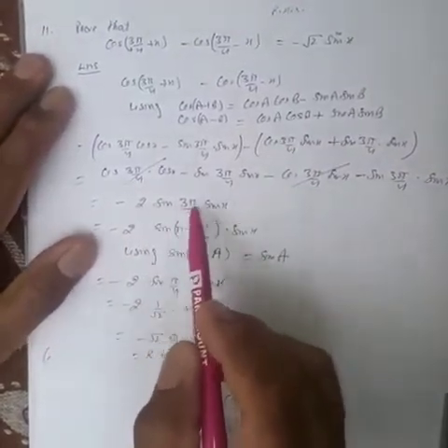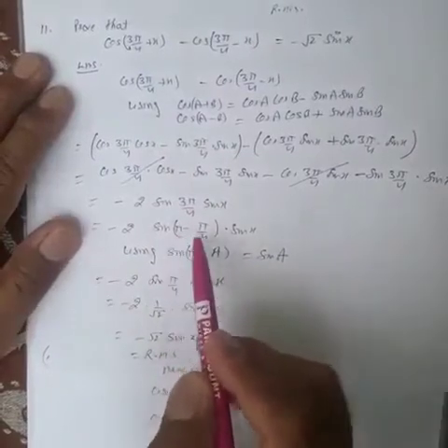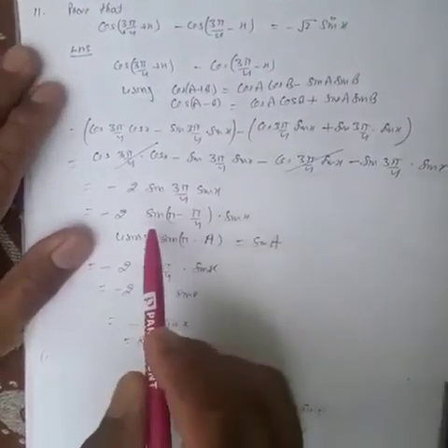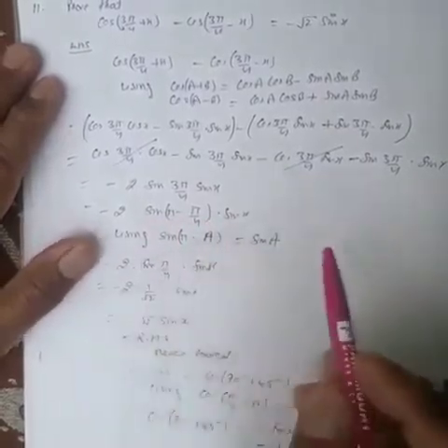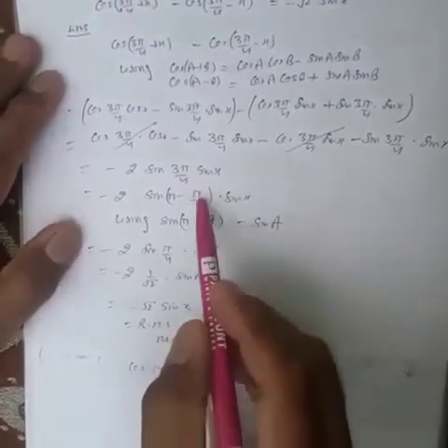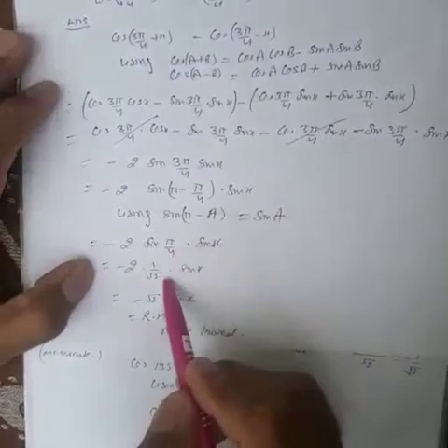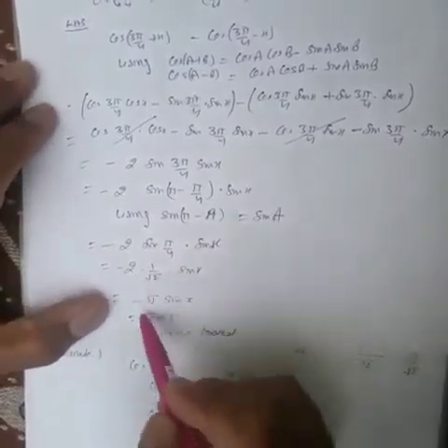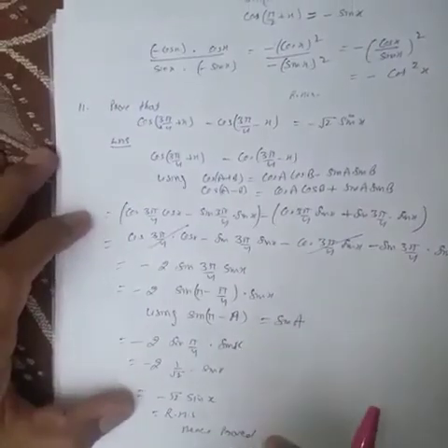Find the value of sin(3π/4) using 3π/4 as π − π/4. And what is sin(π − θ)? Using this identity, it is equal to sin a, so it should be equal to sin(π/4), and put the value, it will be −√2 sin x, which is the same as the right hand side. I hope it is clear. Thank you for this.